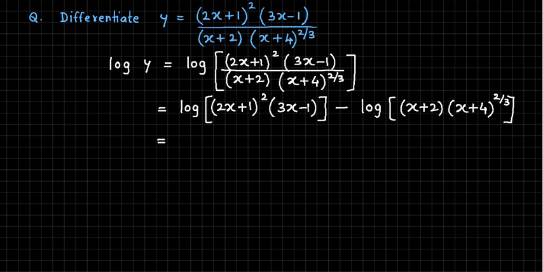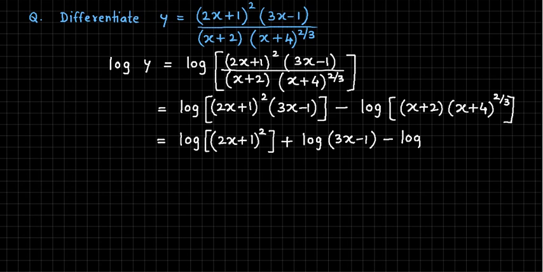And splitting that further, we see that log is the product of two functions. We know that the log of a product is the addition of logs. So here we have log of 2x plus 1 whole squared plus log of 3x minus 1 minus, now in the second term also we will split the log as addition of two logs, but since we have the minus sign outside, we will have both of the log terms as negative terms.